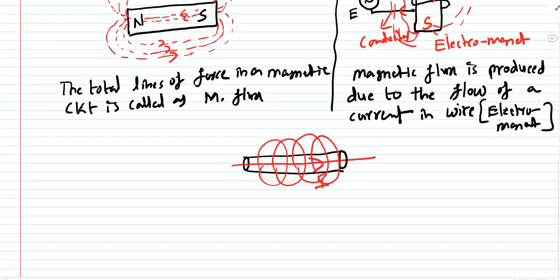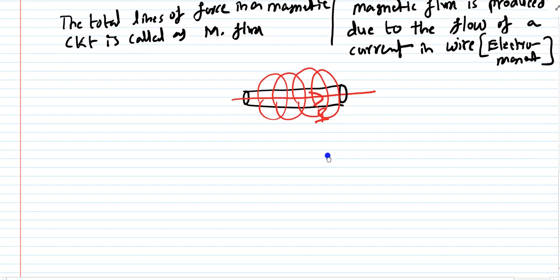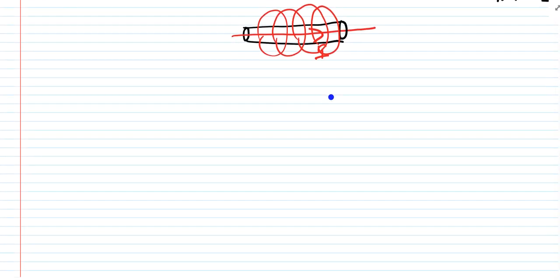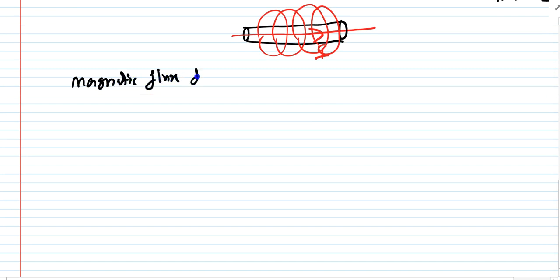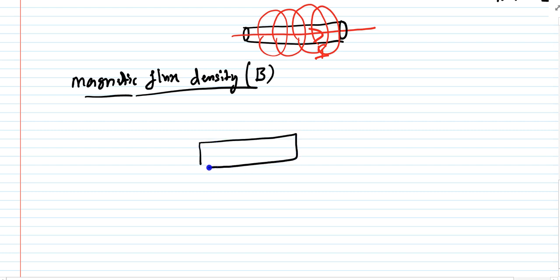Now again we'll go back and talk about what magnetic flux density is. This is denoted with capital B, the magnetic flux density. To understand it, let us consider a simple magnet with a north pole and a south pole.